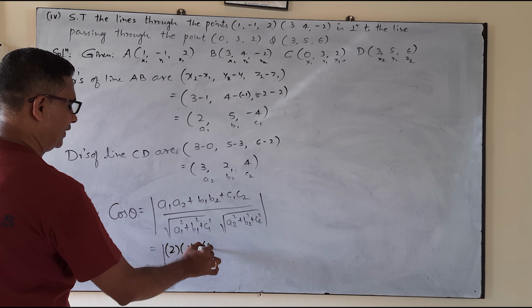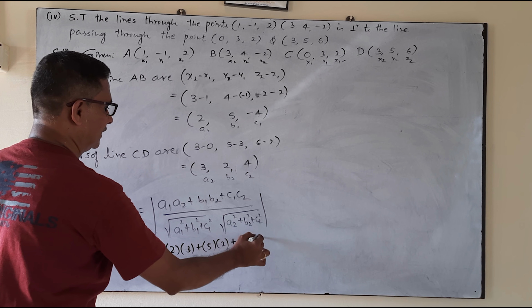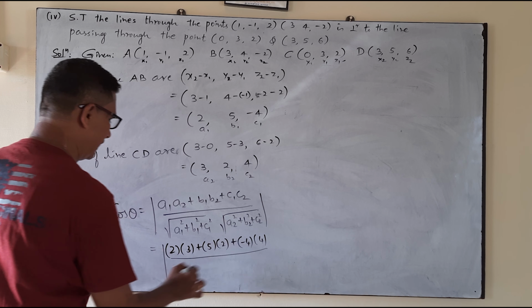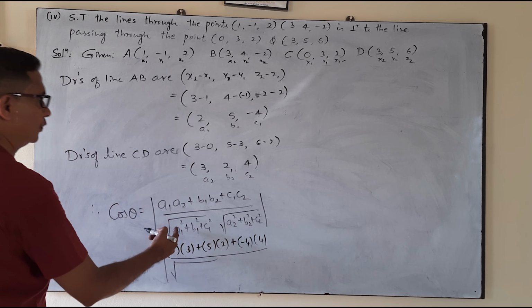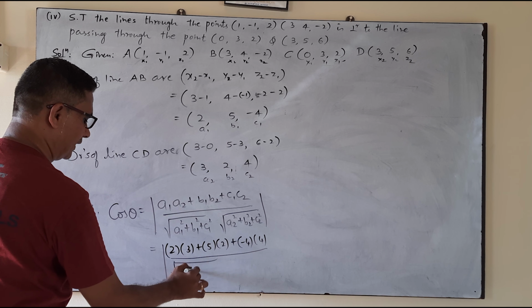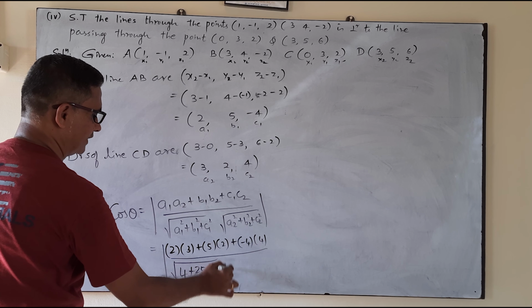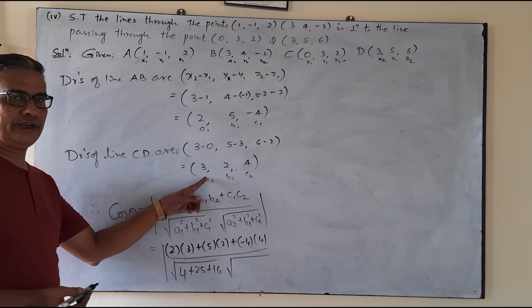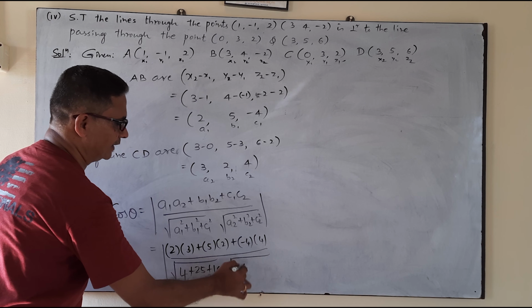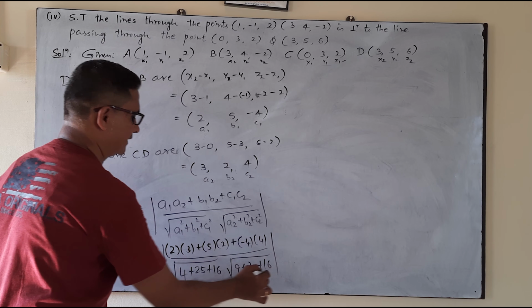Plus B1 B2, 5 into 2, plus C1 C2, minus 4 into plus 4, divided by under root of A1 square, 2 square 4, B1 square, 5 square 25, C1 square, minus 4 square 16, into root of A2 square, 3 square 9, B2 square 4, C2 square 16.